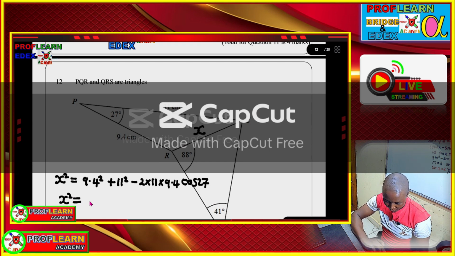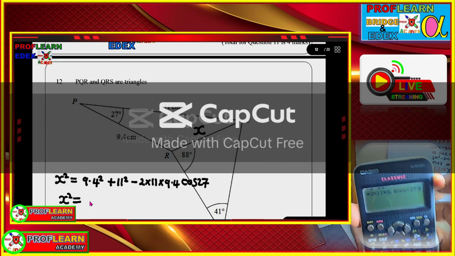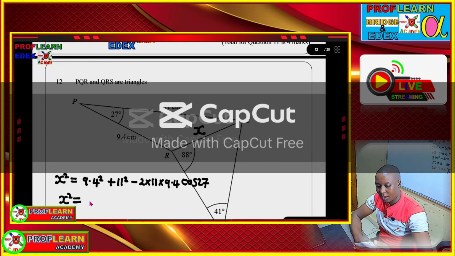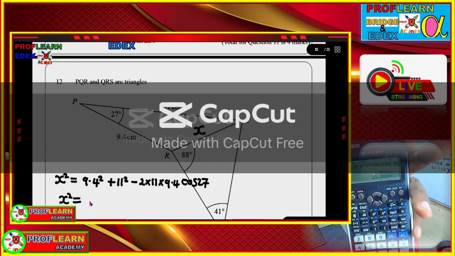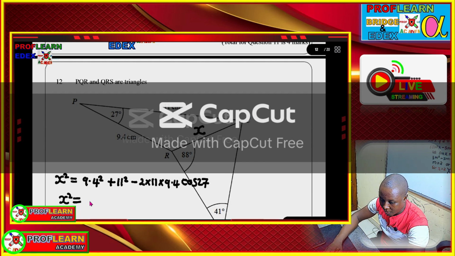Ensure your calculator is in degrees. Putting it into the calculator, we get 25.0998. Finding the square root of that, we get 5.01, correct to 3 significant figures.